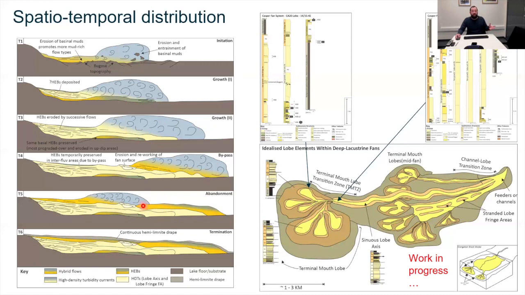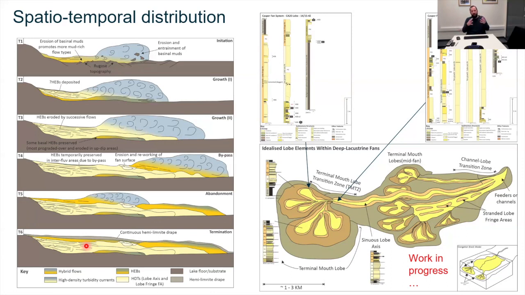But the key thing to take from that is that the system backsteps, I think, and then you start to produce some hybrid event beds and deposit hybrid event beds in the more proximal parts of the fan out in here. So I think when you take that into consideration, you get hybrid event beds in certain parts of the fan, okay, and you've got examples from outcrop that show that.